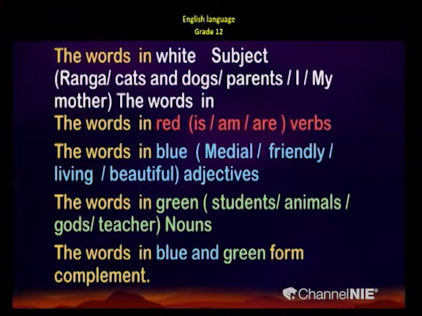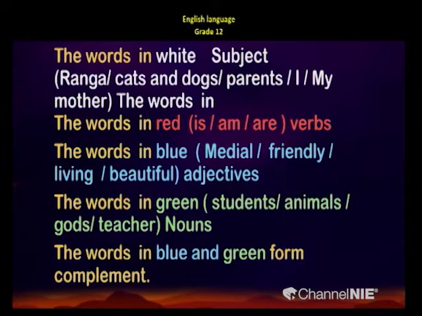Then the words in blue, medical, friendly, living, beautiful, are adjectives. Then the words in green, student, animals, gods, teacher, are nouns. So in all these sentences, blue and green form the complement, or blue alone or green alone. We just color them to give you a better idea.